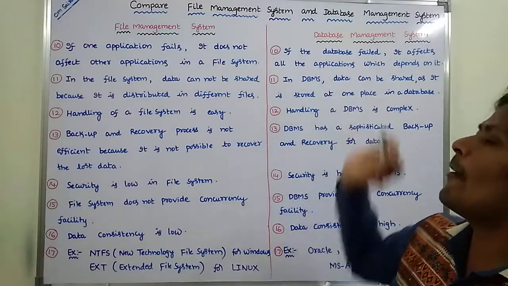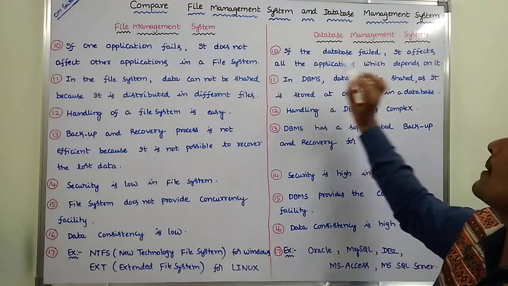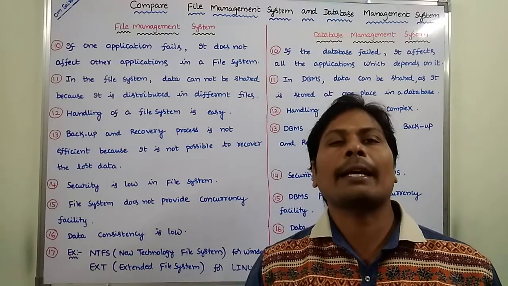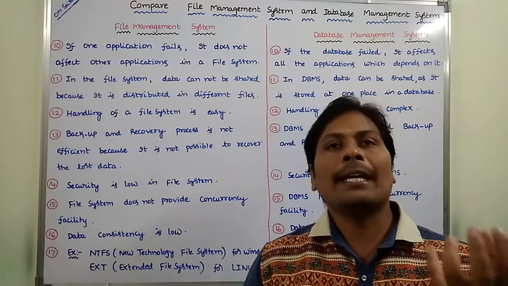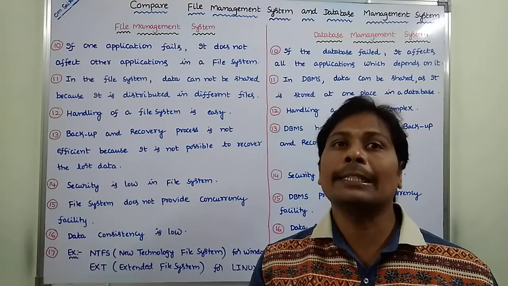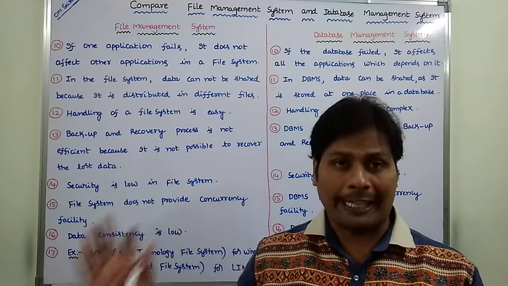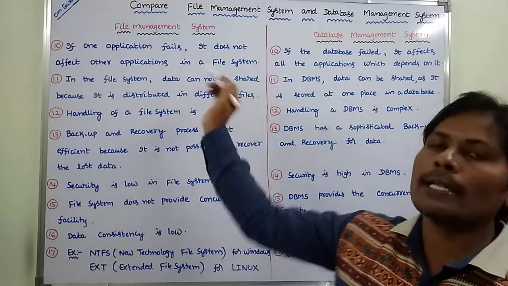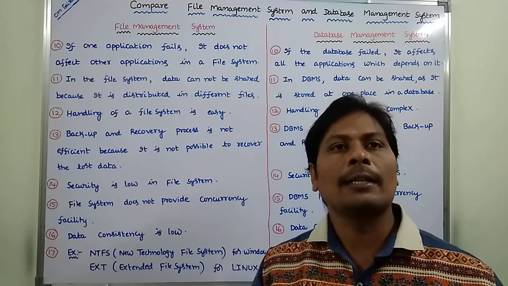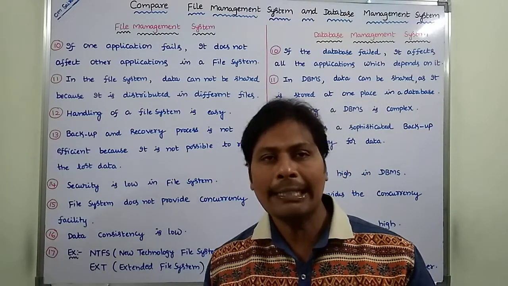In the case of DBMS, if the database fails, it affects all the applications which depend on it. Whatever applications depend on the database, all of them are affected. But in a file management system, if one file is failed or lost, it does not affect other files.